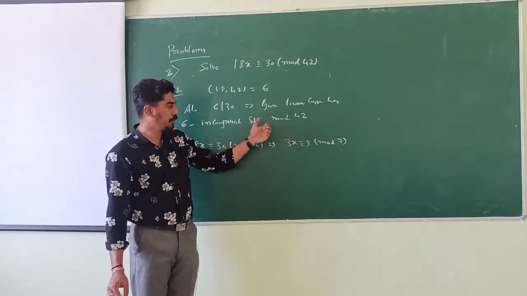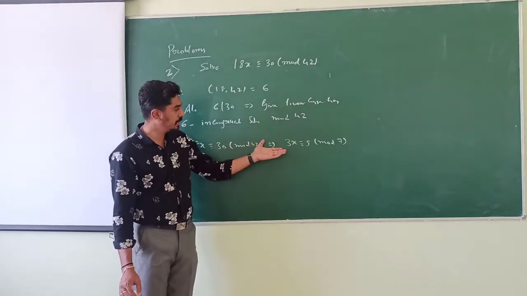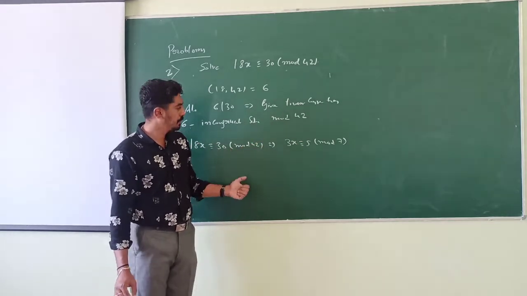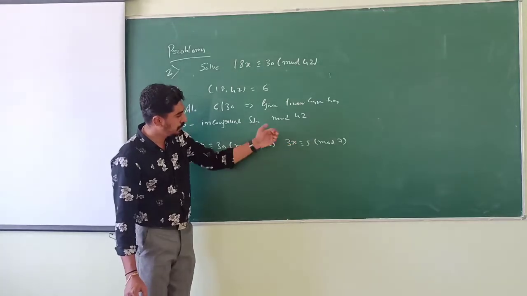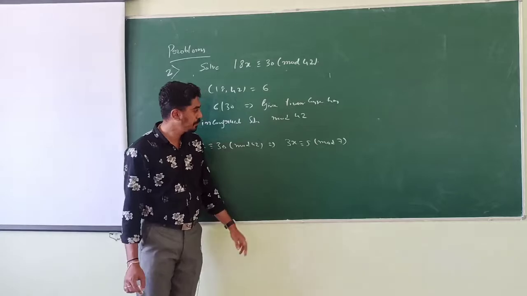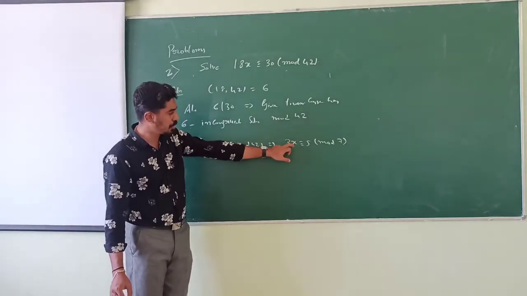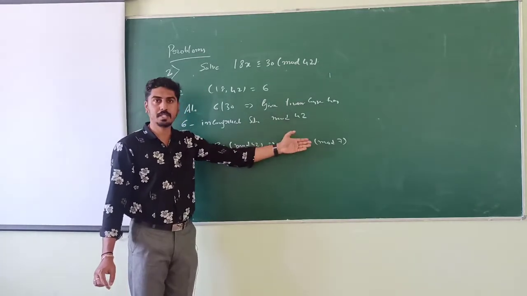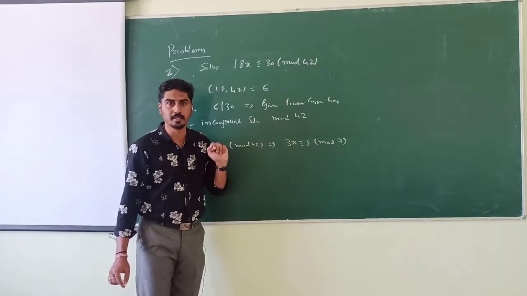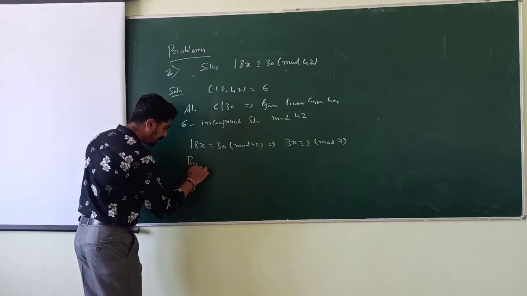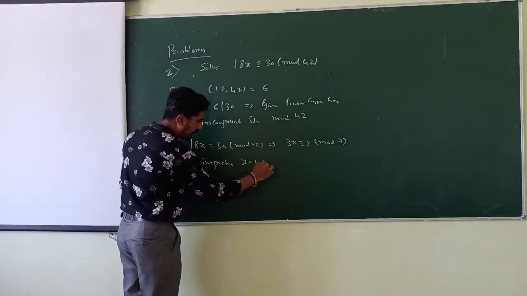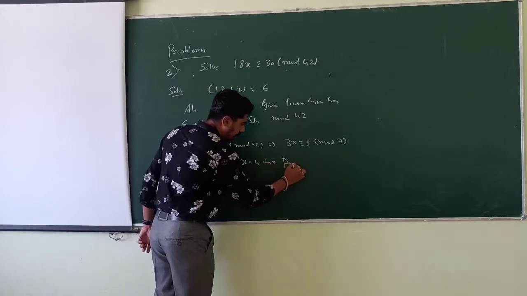When I put x equal to 2, I get 6 minus 5, which is 1. 1 is not a multiple of 7. When I put x equal to 3, I get 9 minus 5, which is 4, not a multiple of 7. When I put x equal to 4, I get 12 minus 5, which is 7, a multiple of 7. So x equal to 4 is a particular solution.